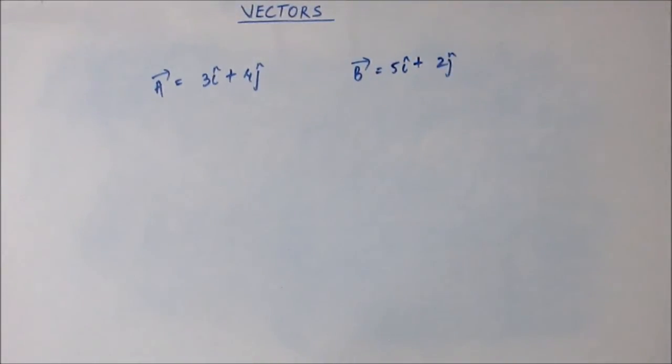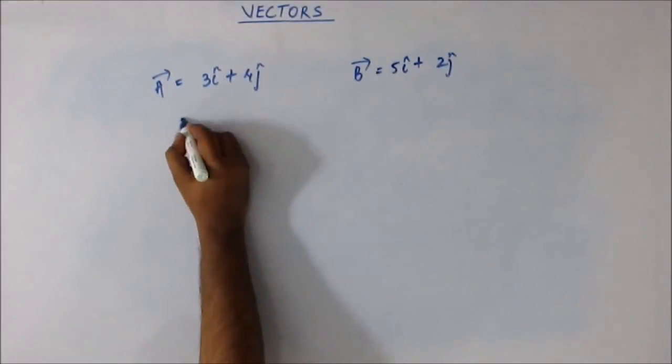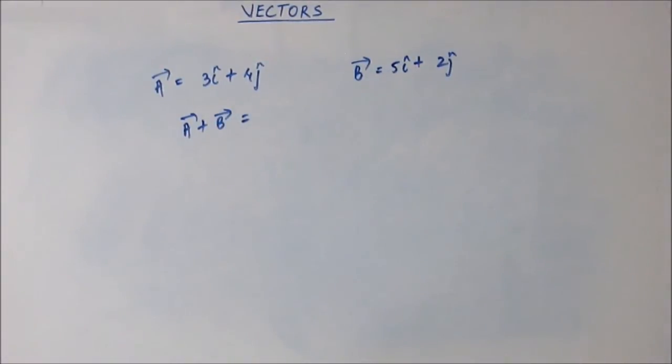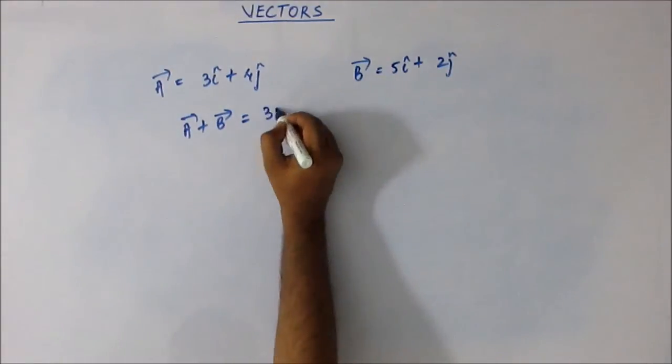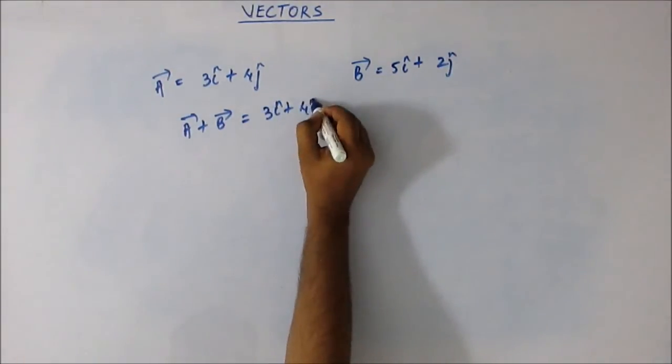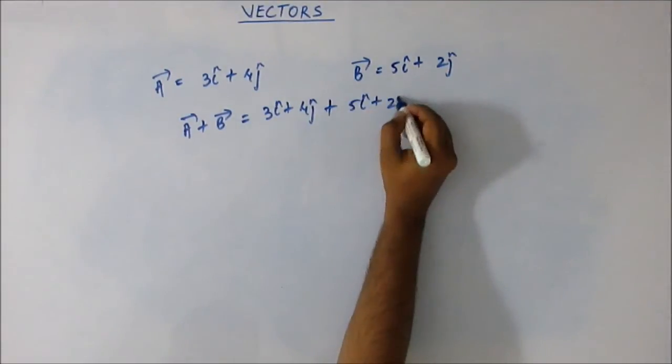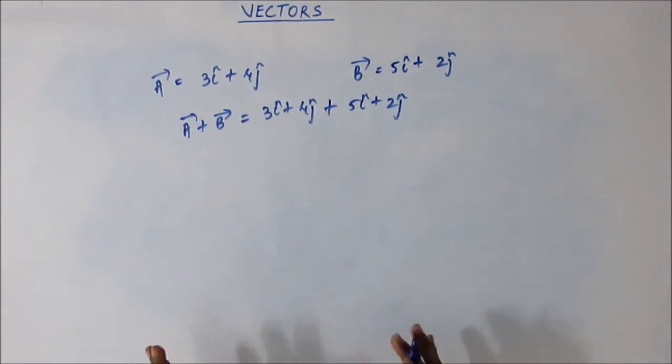Okay, A vector and B vector have been given. Now I'm asking you, what is A vector plus B vector? A vector is 3 i cap plus 4 j cap. B vector is 5 i cap plus 2 j cap. So it's simply A vector plus B vector.